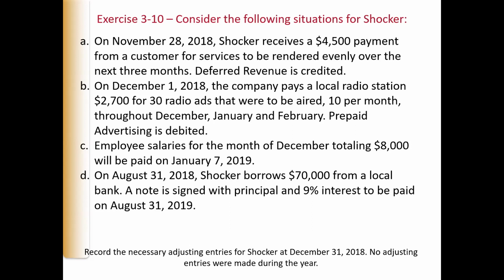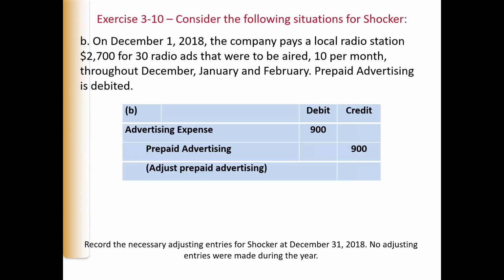It's all right. So basically, on December 1st, we paid $2,700 of prepaid advertising. And that $2,700 was going to be used over 3 months: December, January, and February. Now it's the end of December. A third of that advertising's incurred. It's been used up. It's no longer a prepaid, it's an advertising expense.